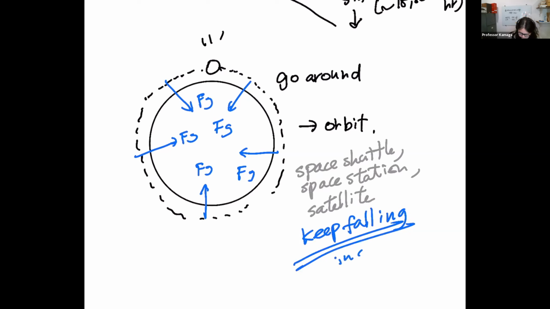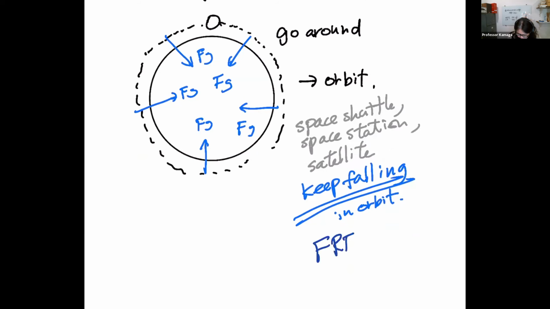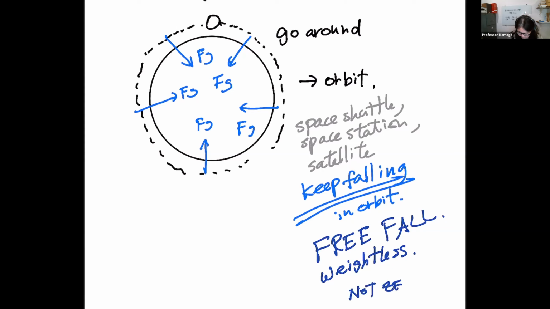They're in free fall. In free fall, the normal force is 0 and it's weightless. So it doesn't mean zero G, you do have this gravitational force. In fact, you use this gravitational force so you can keep falling. You have a significant gravitational force.